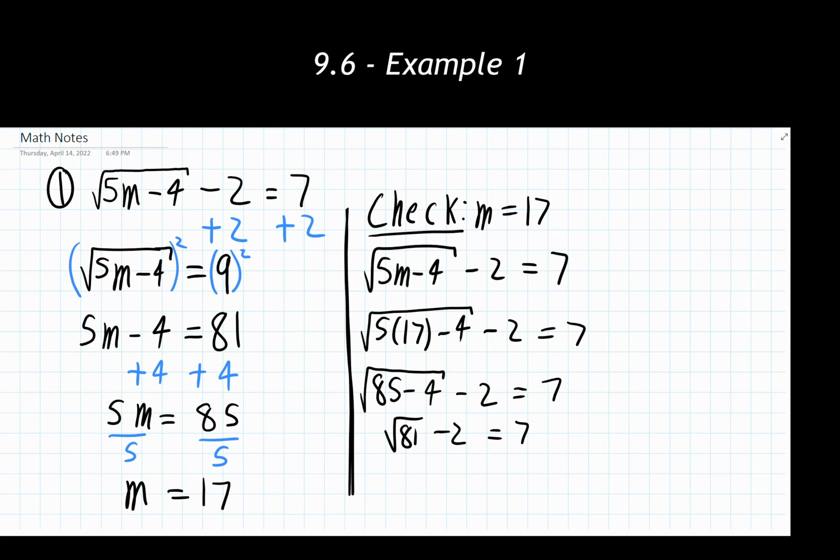Square root of 81 is 9. Oops, should equal 7 on the right side. And I'm getting 7 is equal to 7, which is good. And that tells me that m equals 17 is my final answer for this problem.